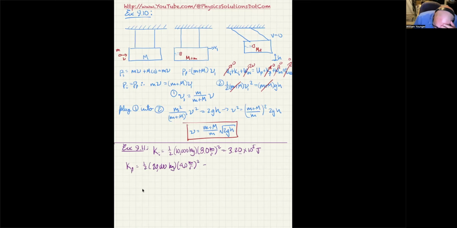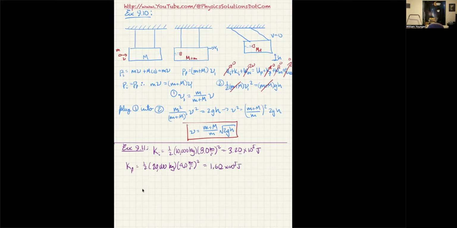We can go ahead and calculate this. 0.5 times 20,000 times 4 squared gives me 160,000, so 1.60 times 10 to the fifth joules.